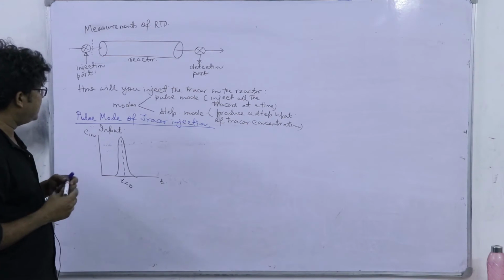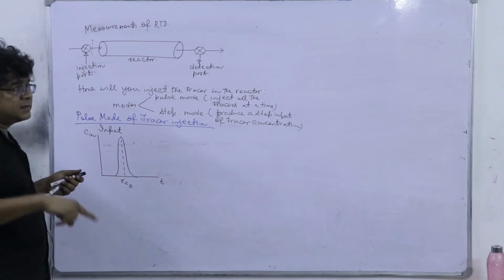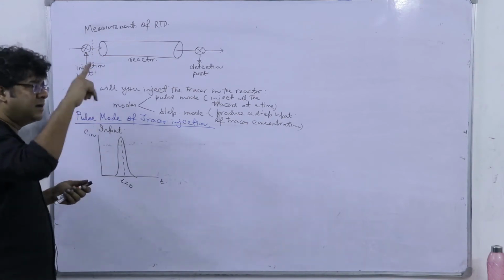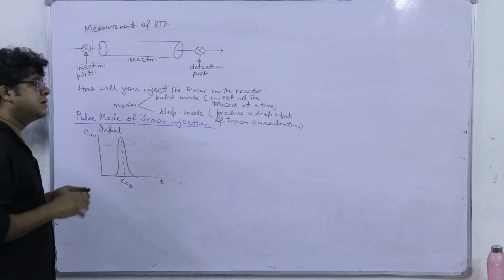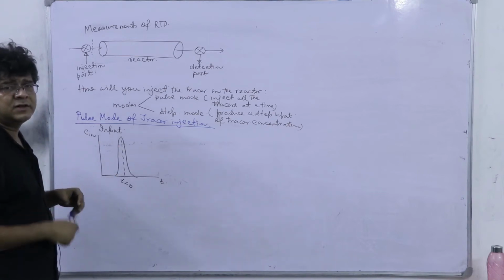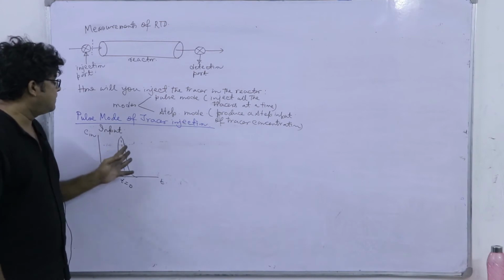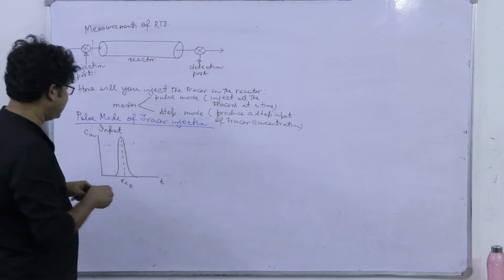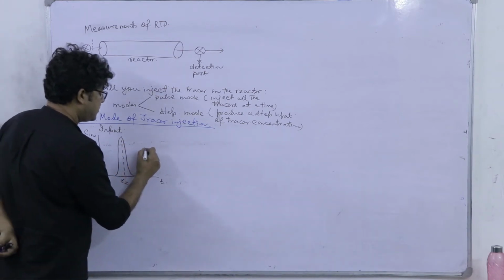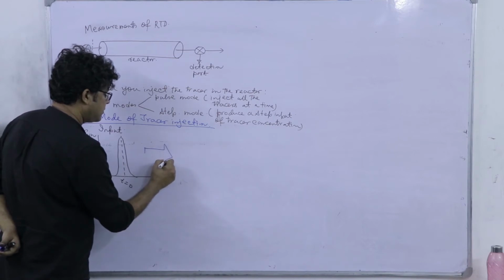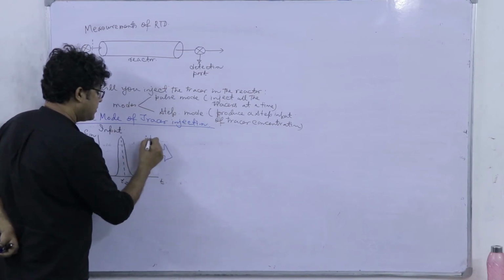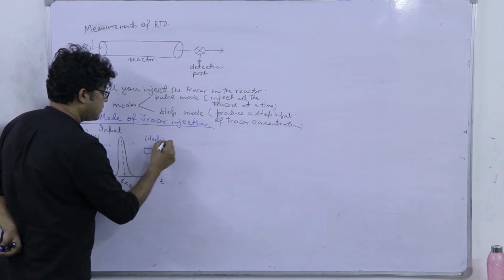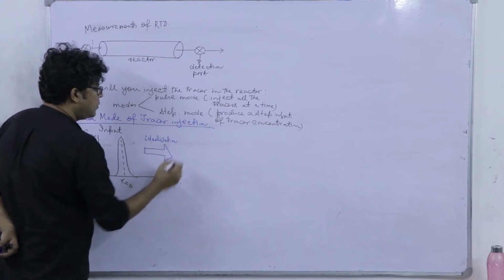Now, the question is, this pulse can be represented by a normal distribution, but we will do an idealization of it. What is that?